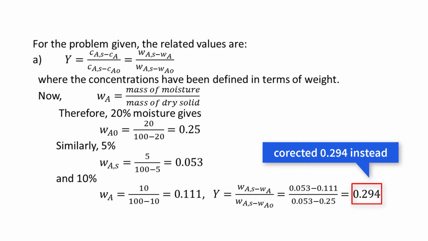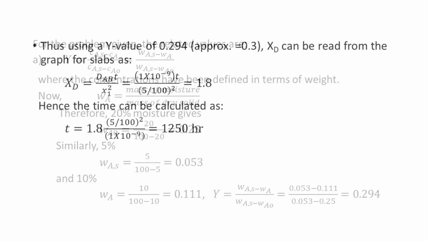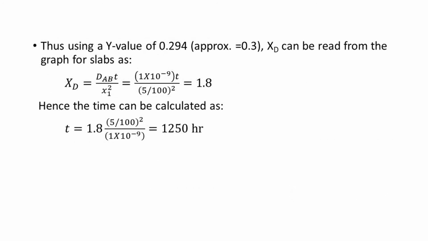Using a Y value of, I think I made a mistake here again. It was 0.294. Once again, make a note for me. It's not 0.94, it's 0.294. So the Y value is 0.294, which is supposed to be about 0.3.